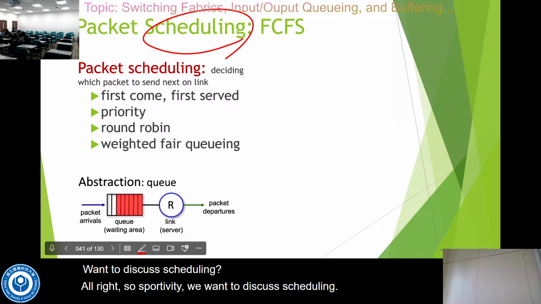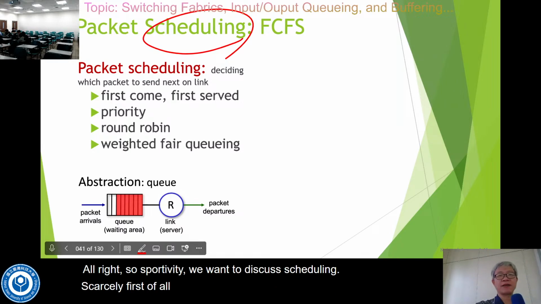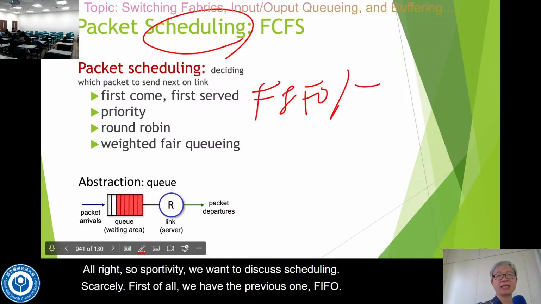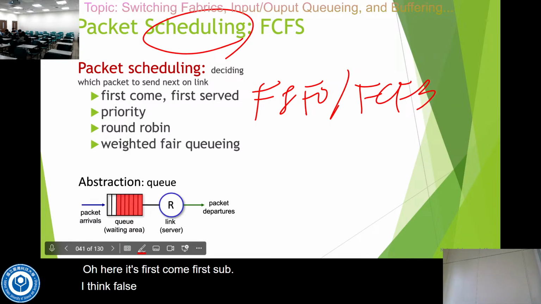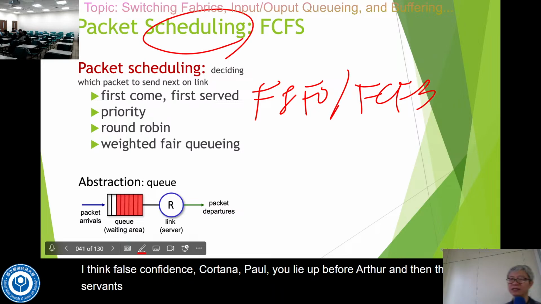Scheduling, first of all, we have the previous one, FIFO. Here it's first come, first serve. I think you know first come, first serve. For example, you line up before a restaurant, and then the servants will serve you in that order, unless we have the other principle.